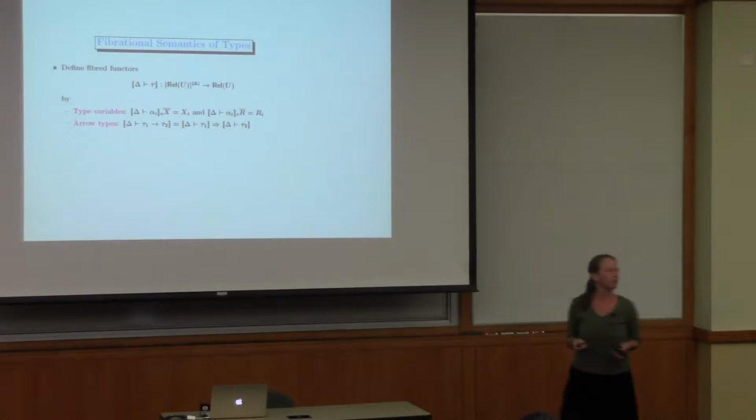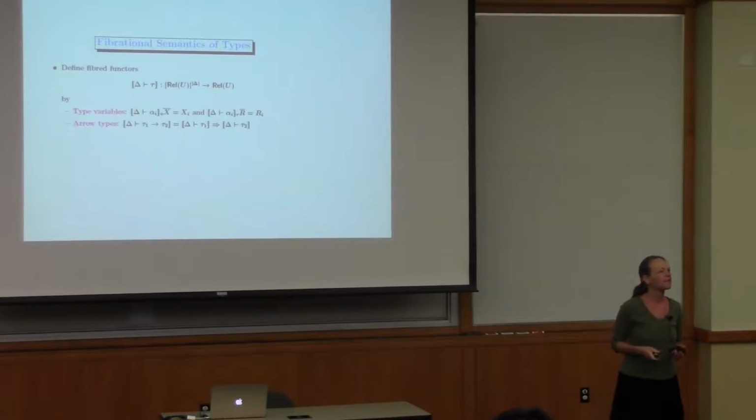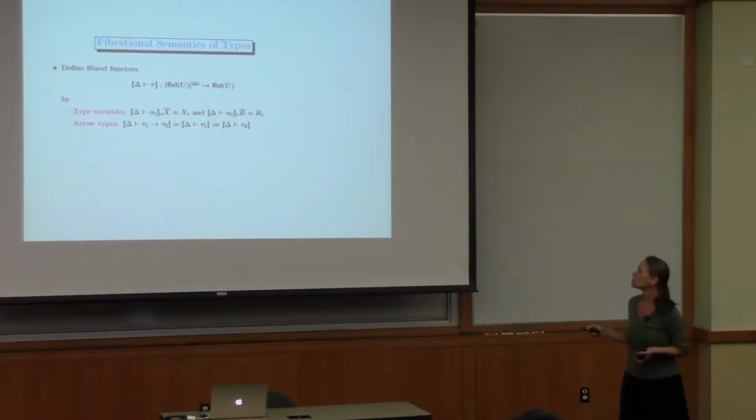But notice I've cheated a little bit, because here I gave two semantics. I gave an object semantics for variables, and I gave a relational semantics for variables, and you don't see any little zeros or R subscripts. That's because I've just given the fibered functor in one fell swoop, rather than by giving the pieces. So I could have said the object interpretation is this thing, but with little O's everywhere.